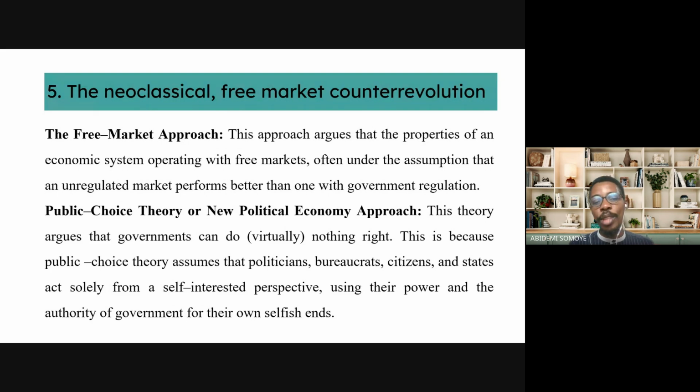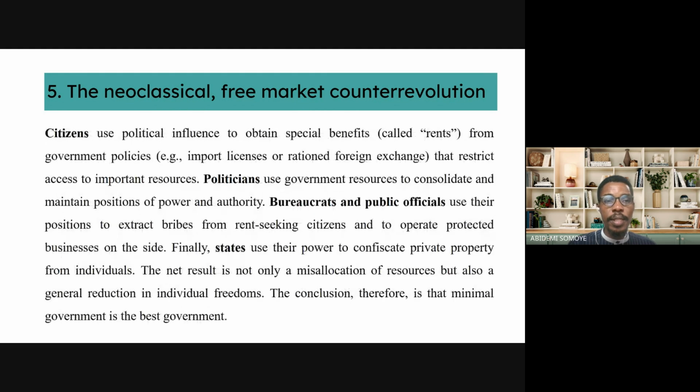This is because public choice theory assumes that politicians, bureaucrats, citizens, and states act solely from a self-interested perspective, using their power and the authority of government for their own selfish ends.